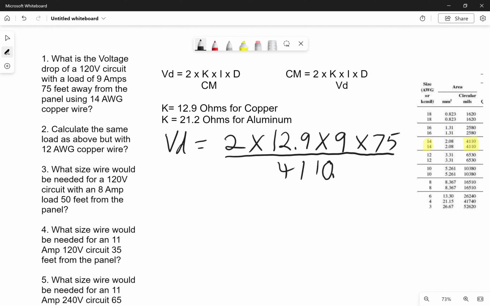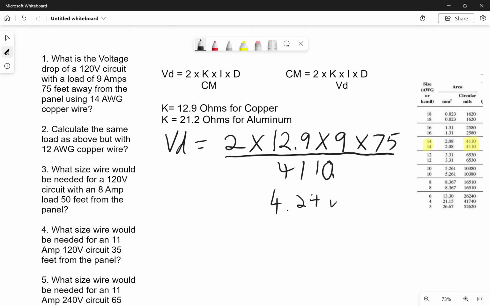Now we just have to do the math. 2 times 12.9 times 9 times 75 equals 17,415. Divide by 4,110. And we get 4.237.